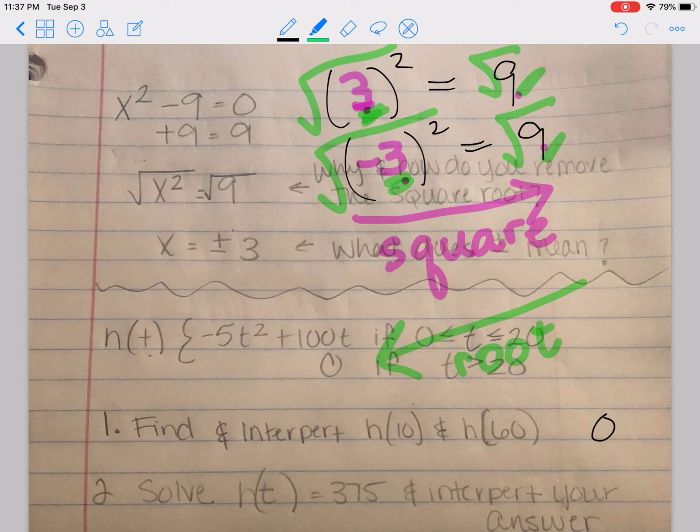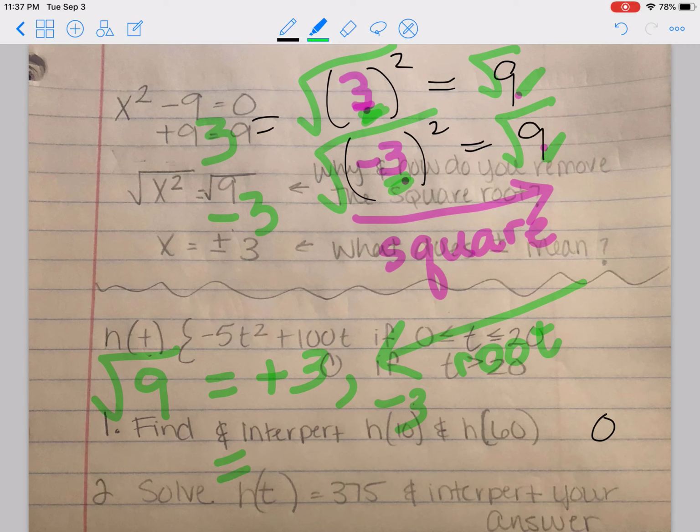So I'm going to get 3 here, and then I'm going to get -3 here. So that's why when you square root 9, you're going to get both positive 3 and -3, and that's a legitimate way of writing it.